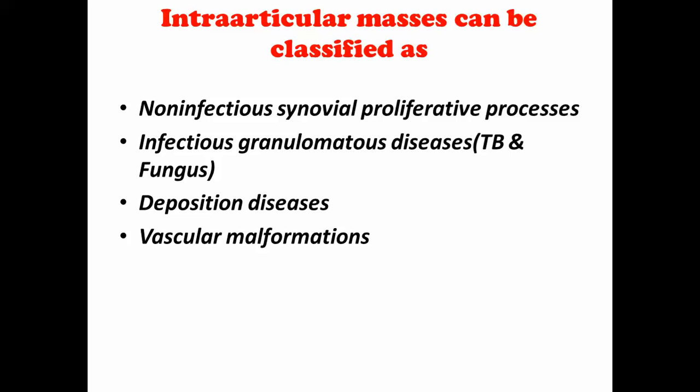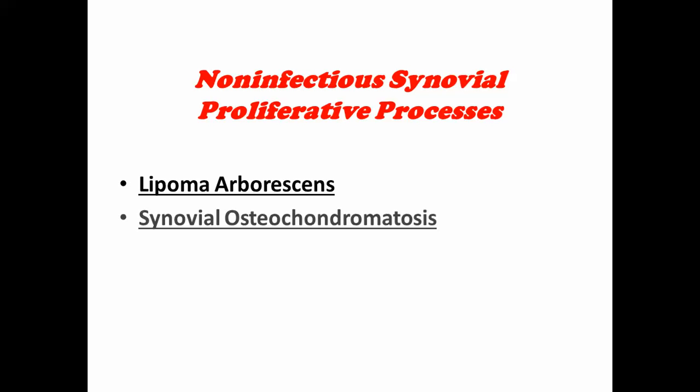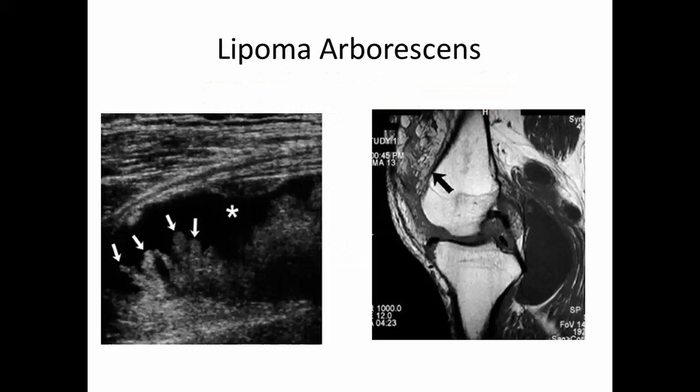Now, non-infectious synovial proliferation processes like lipoma arborescens, synovial osteochondromatosis, pigmented villonodular synovitis, and lastly the pannus of rheumatoid arthritis.